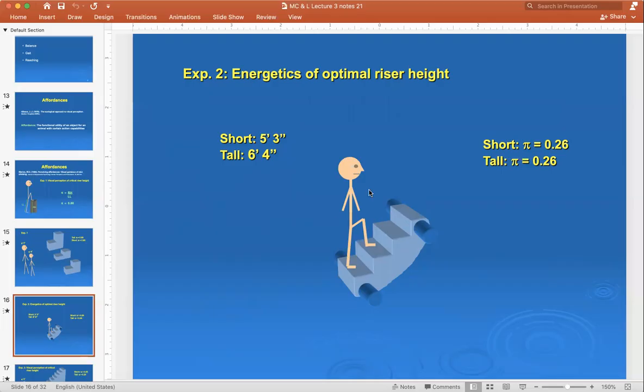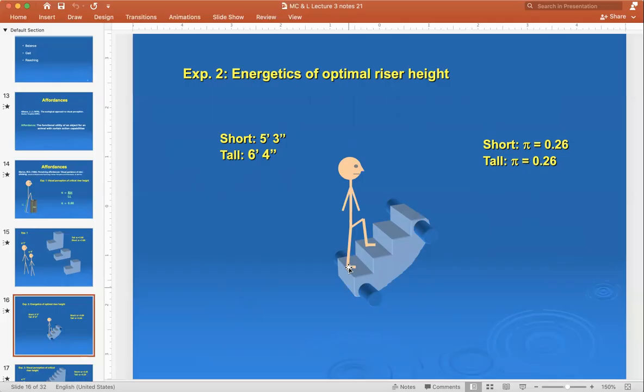He did a whole series of trials like this, and he found that whether you were a short person or a tall person, you were most oxygen efficient, in other words, you used the least energy, climbing stairs that were 0.26 of your leg length, measured from the greater trochanter to the floor. So when the step height was roughly a quarter of your total leg length, that's when you were most efficient at climbing stairs.